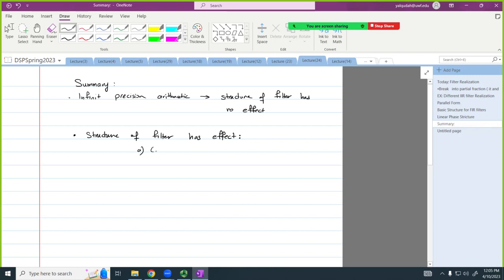First, when the coefficients are quantized, both the A's and B's are stored using an n-bit binary number.